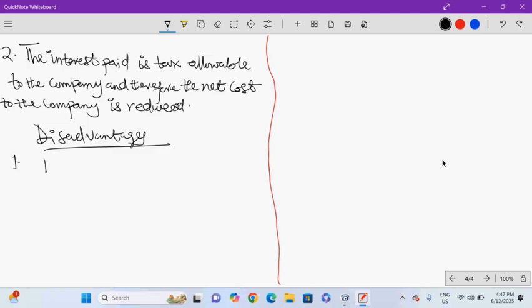You can also see that, as we said, the interest is tax allowable. So maybe the company might try to go in for more debt, thinking that it is trying to cut down the tax, right? It is trying to reduce the profit by the interest.